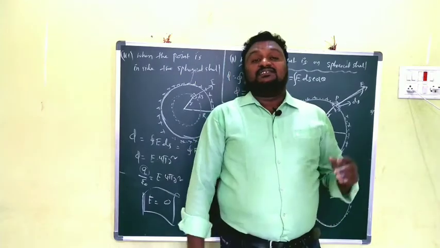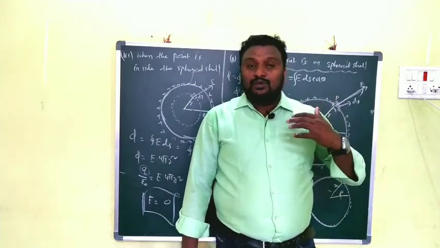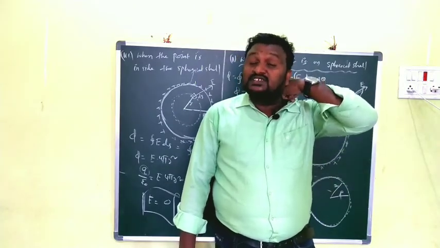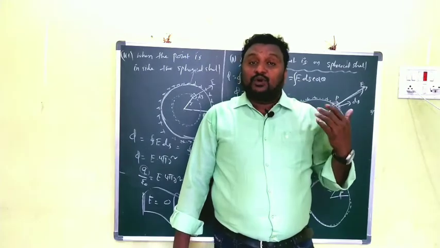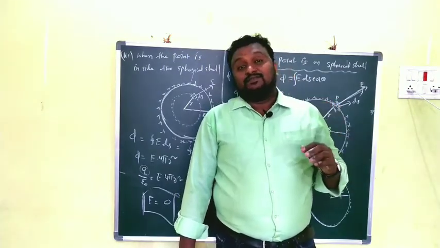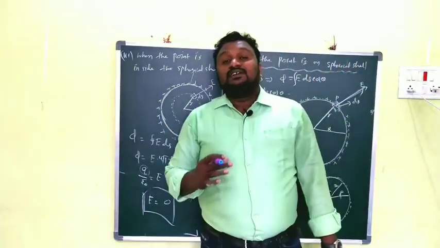That's why, children, these are the electric field intensities of a uniformly charged spherical shell when the point is outside the shell, on the shell, and inside the shell. So we discussed the electric field intensities in the different cases.